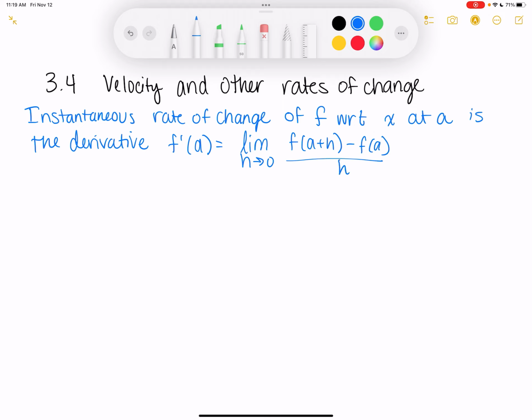Okay, so it's the same thing that we looked at in like section 1, I think it was. It's the same formula, however you want to say it. Provided that the limit exists.